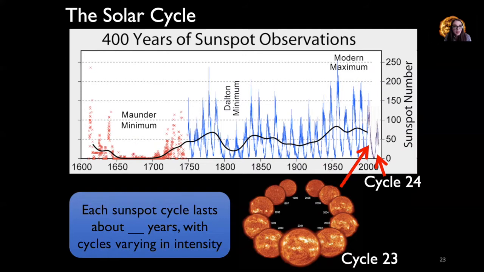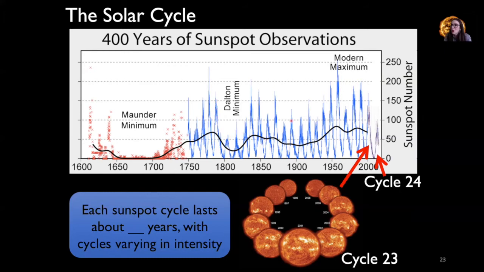And you can see that the number of spots changes over time. There was a time period in the late 1600s, early 1700s, where the sun almost had no spots at all. But in more recent years, we see the sun's cycle of magnetism, at least as it appears in the number of spots, increases over time and then decreases and increases again.